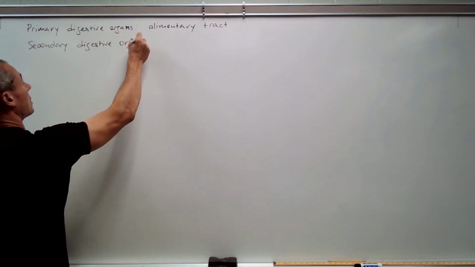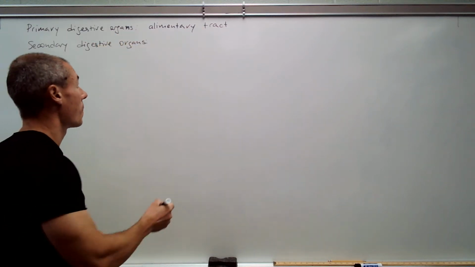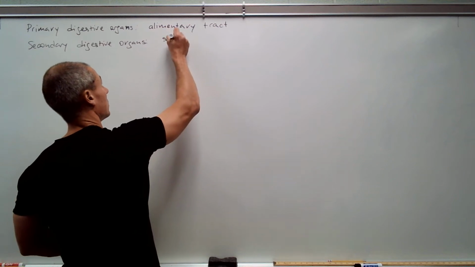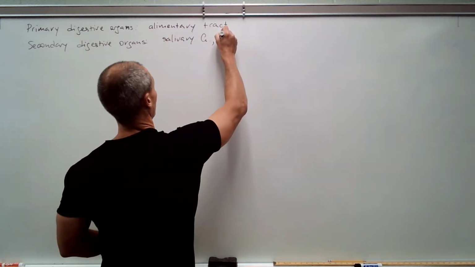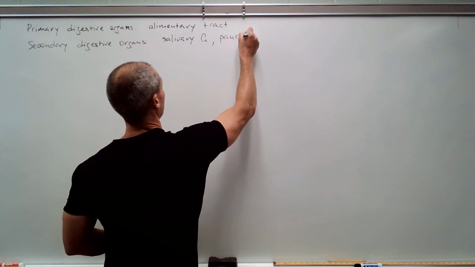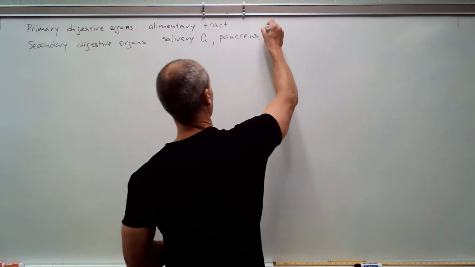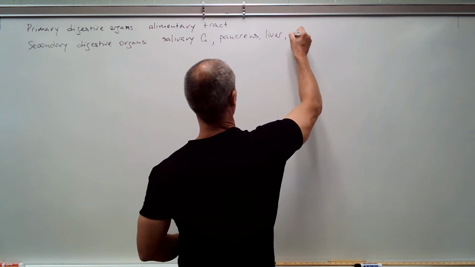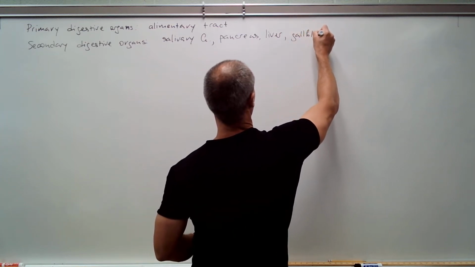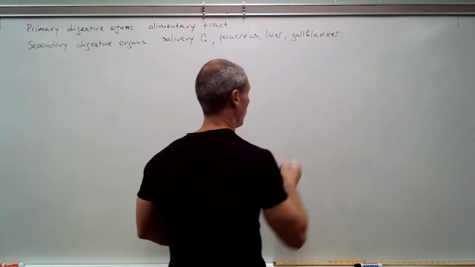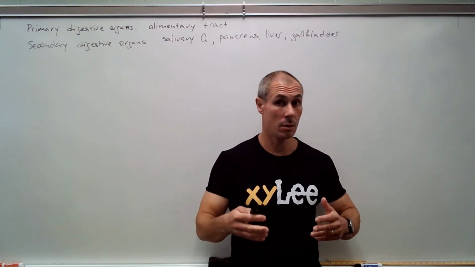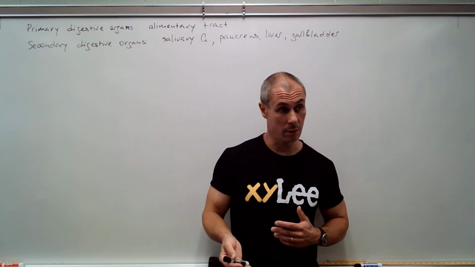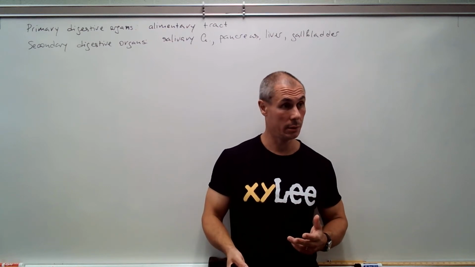This is a pretty short list. It's salivary glands, pancreas, liver, gallbladder. So basically, all the organs that release some stuff into the alimentary canal or alimentary tract.